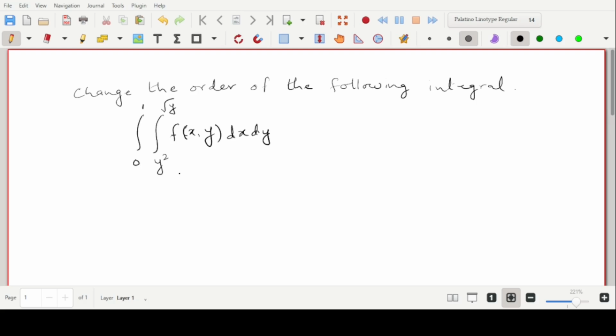So when we integrate f, we shall get this expression in terms of x, and then we shall substitute the limits, and then we shall integrate with respect to y.